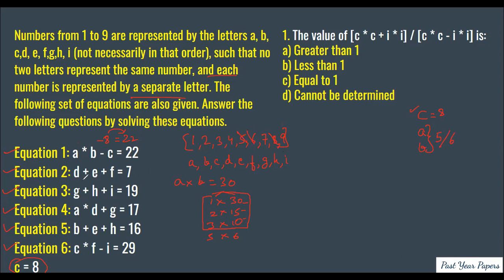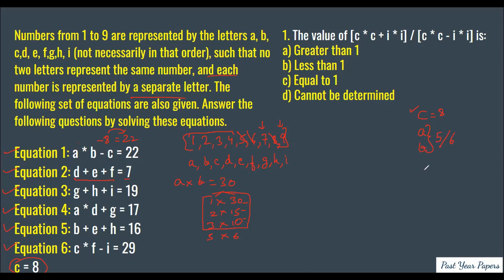Let's go further. D plus E plus F is equal to 7. Do you think I should choose 7 and 9 for D, E, F? No, I cannot, because if I choose 7 or 9, the sum will go beyond 7, but I need 7, right? So I have to choose D, E, and F from these 4 values.